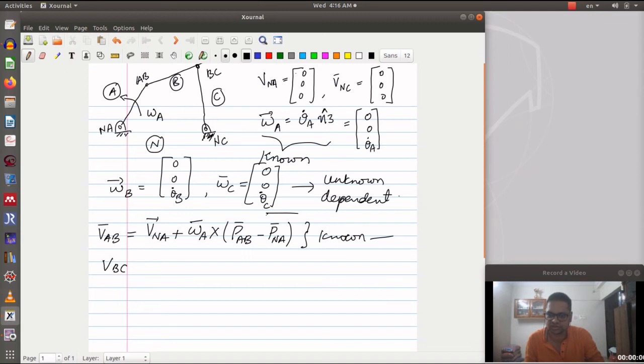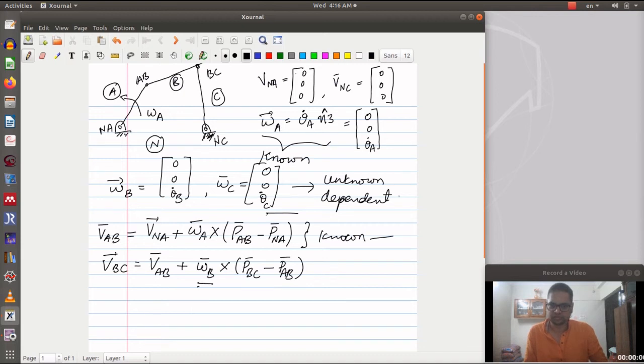So this is fully known quantity, or you can determine this easily. Okay, next, velocity of BC. This is what we are interested in. Velocity of BC is velocity of AB plus omega B cross position of BC minus position of AB.